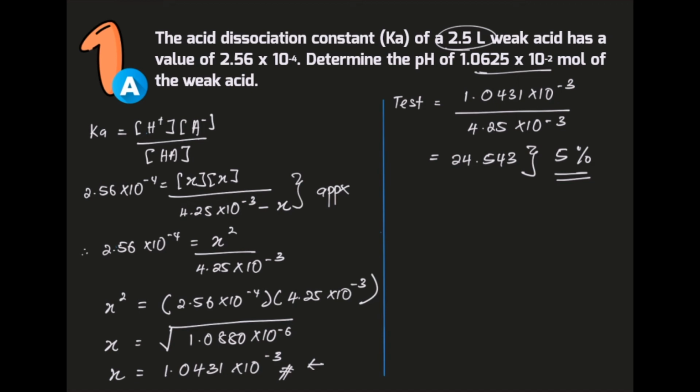In the approximation method, the x that we have here, we simply remove it. But now, since the test we get is more than 5%, what we are going to do is substitute this value of x inside the x that we initially removed.